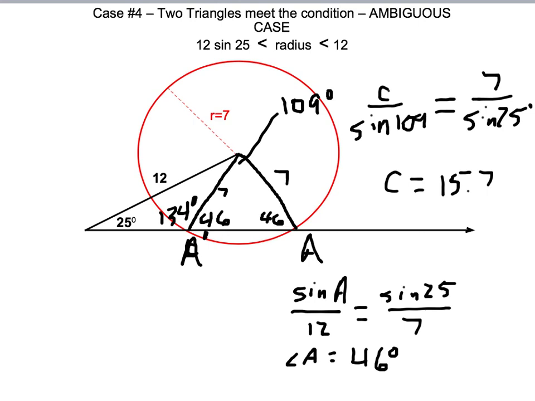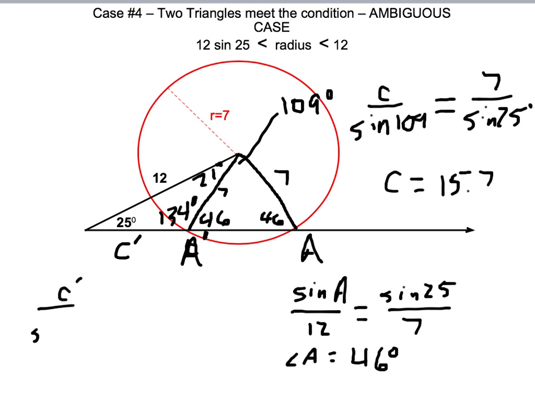And so now we didn't have to use the law of sines with that, just a little geometry knowledge. 25 and 134 is 159, and so this would be 21 degrees up here. And let's call this side right here C prime. And when we do that, find C prime with the law of sines.